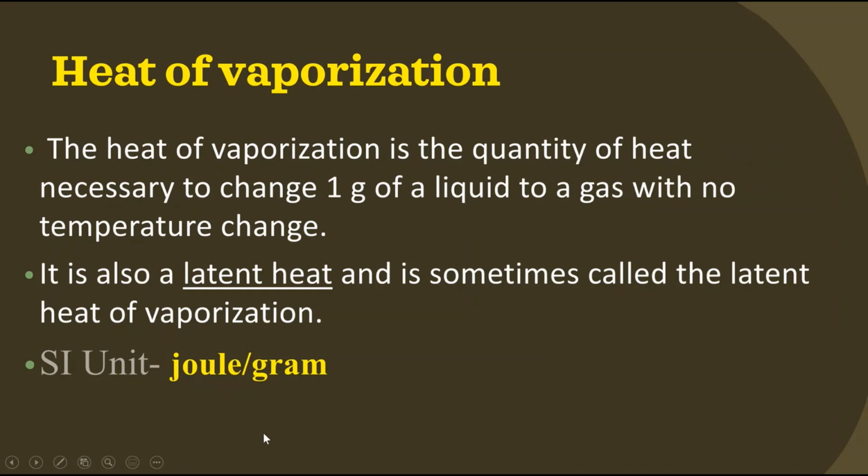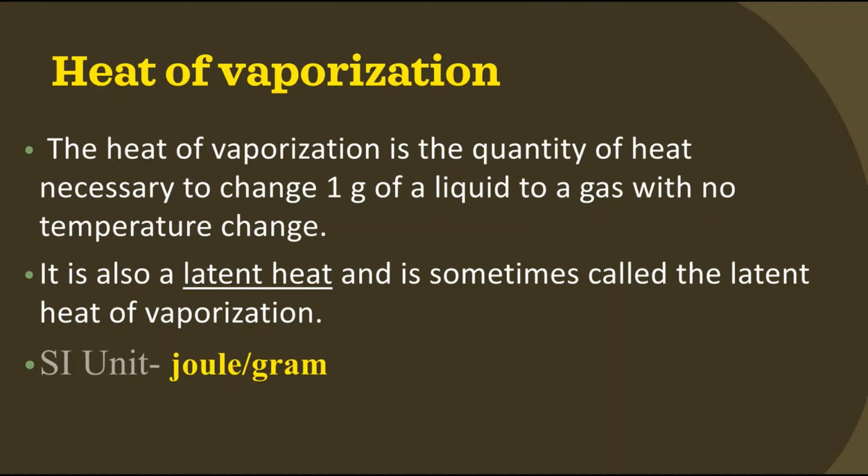So what is heat of vaporization? Heat of vaporization is the quantity of heat that is necessary to change 1 gram of liquid to gas, again with no change in temperature. That is the key point to understand: there is no change in temperature, but heat is required for the phase change, and this heat is converted to potential energy.